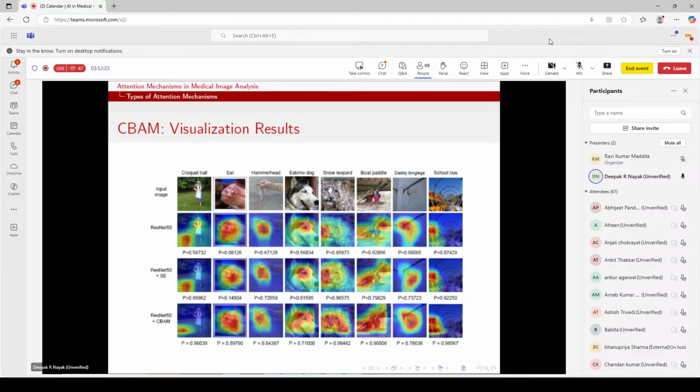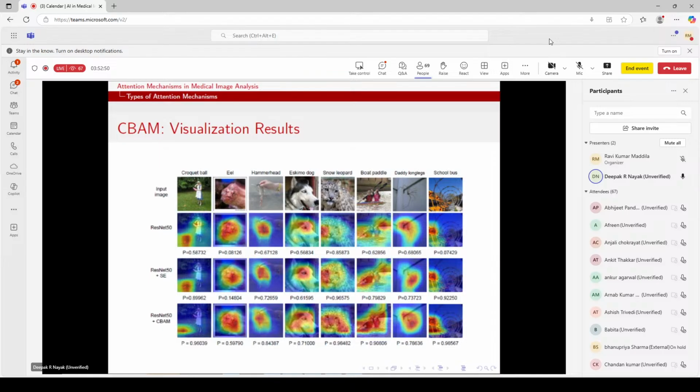If you look at this snow leopard over here, they are not focusing properly on this part. And the results obtained using CBAM are really better compared to only channel attention and without any attention. This was such an example. We'll also see some case studies in the medical imaging domain.